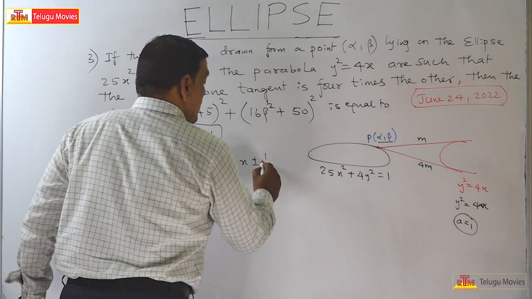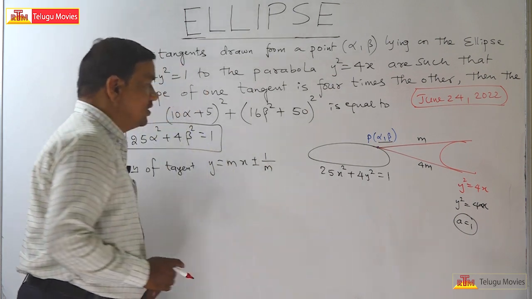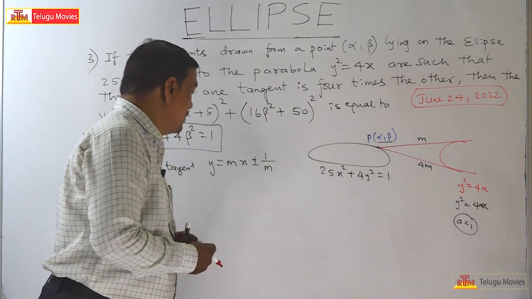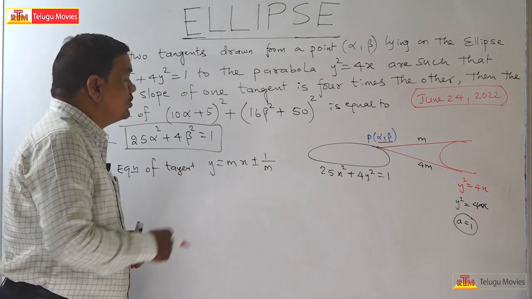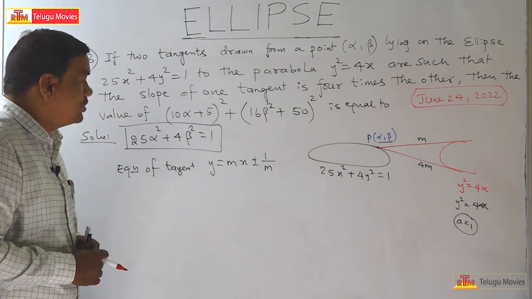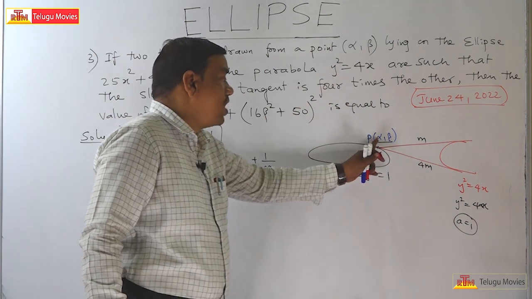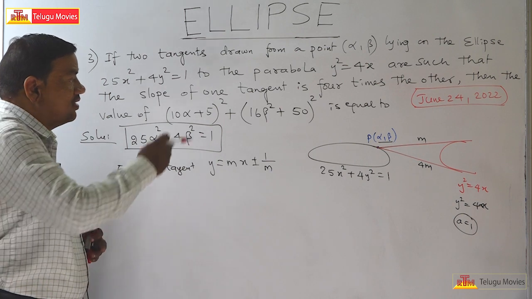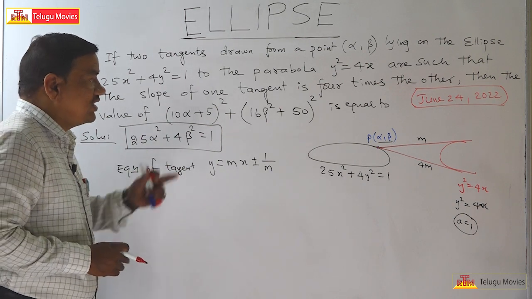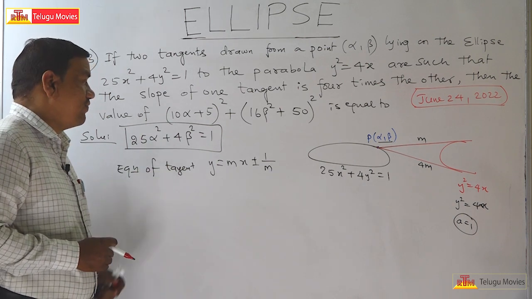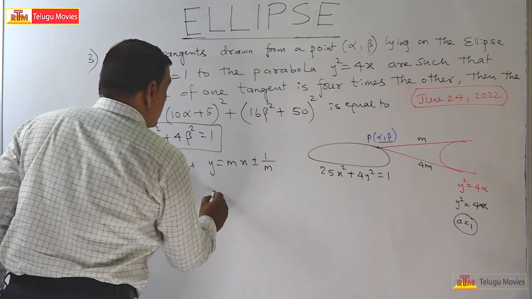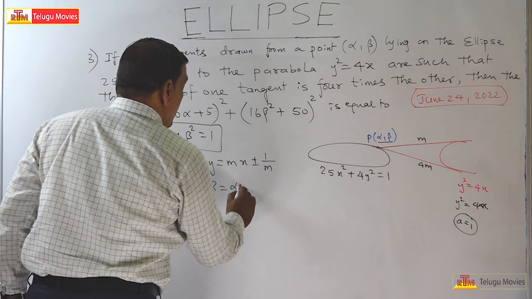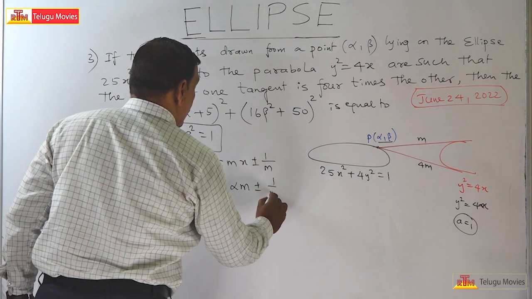The value of a is 1, and the value of m is m, so c = 1/m. This tangent also passes through the point (alpha, beta), since we are drawing the tangent from (alpha, beta). Therefore, beta = alpha m + 1/m.